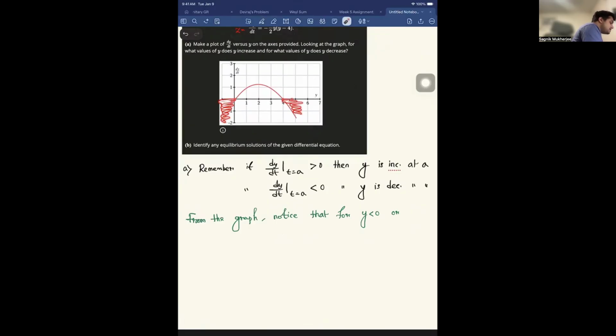So dy/dt is negative when y is on this side. I mean, look at the graph, when y is here, the graph is negative, right? And as y keeps moving, the graph slowly becomes positive. As soon as y crosses 0, the graph becomes positive, and as soon as the y coordinate goes beyond 4, the graph becomes negative, right?